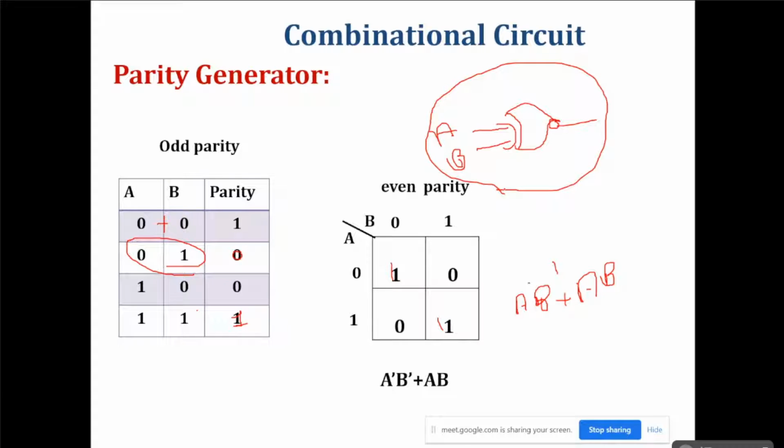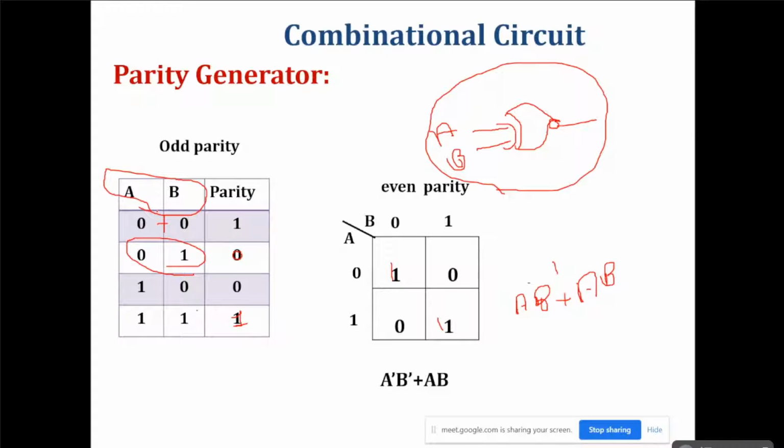What about if the data contains 3 bits? Then what will be the minimized Boolean expression? This is also very easy. If there are 2 bits, there are 4 combinations.